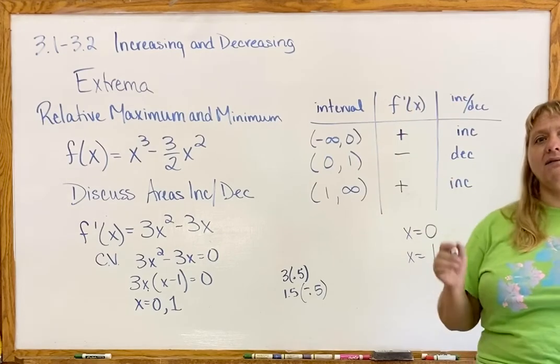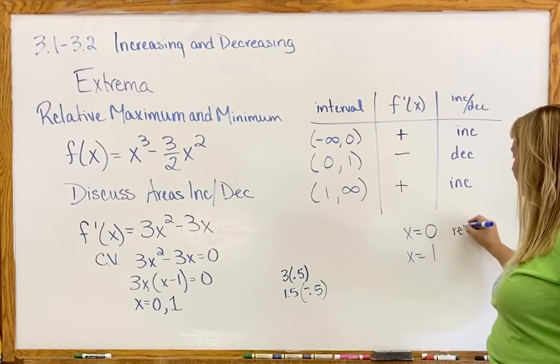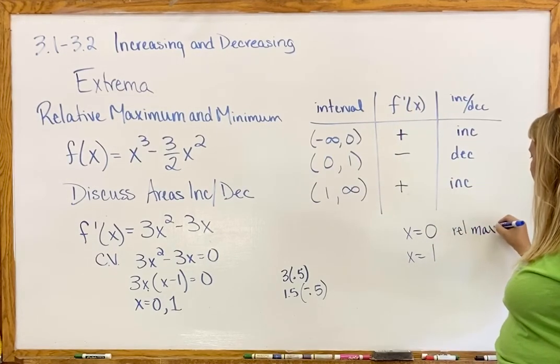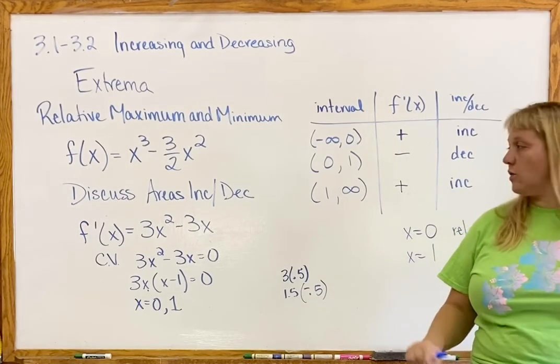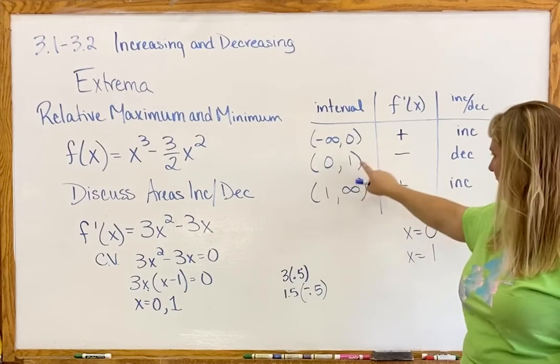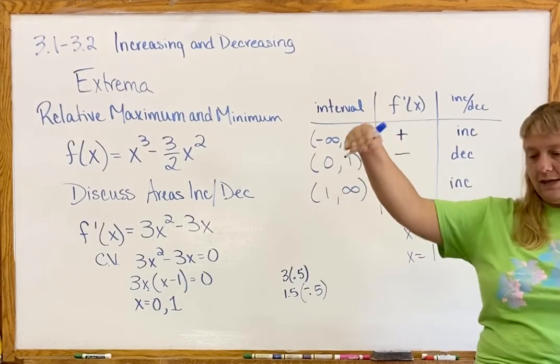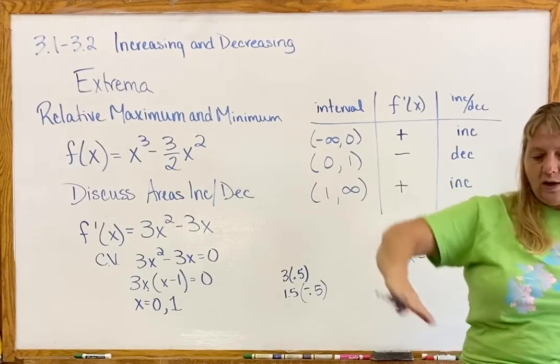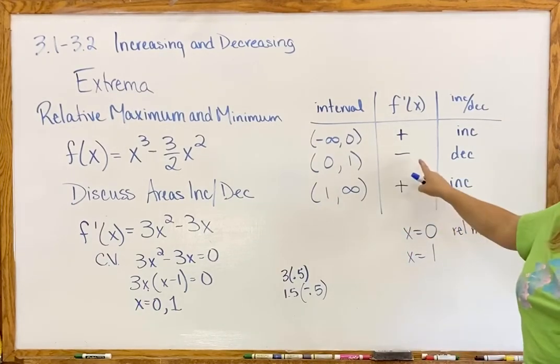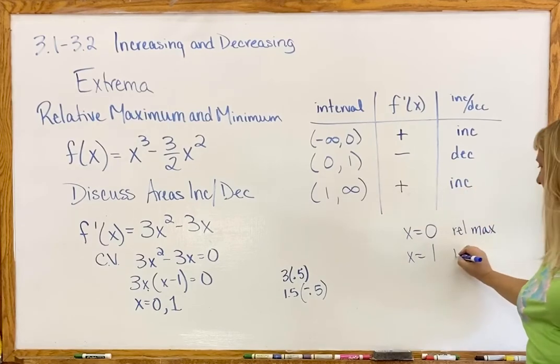Is that going to give us a relative max? And here, when x is equal to 1, look what's happening on either side. On one side of 1, it's decreasing, decreasing, decreasing, and then it turns and goes increasing. So right down there at 1, we're getting a relative minimum.